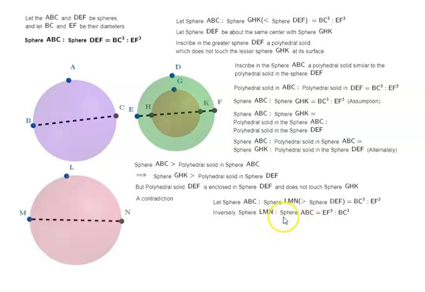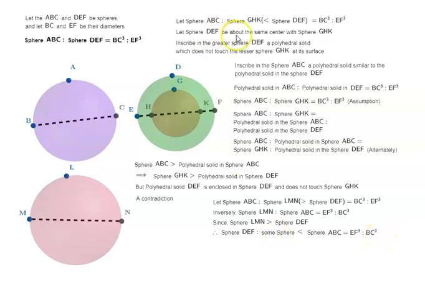Inversely, we can write this proportionality as sphere LMN is to sphere ABC as the triplicate ratio of EF is to BC. And since sphere LMN is greater than sphere DEF, therefore sphere DEF is to some sphere less than sphere ABC as EF cube is to BC cube.